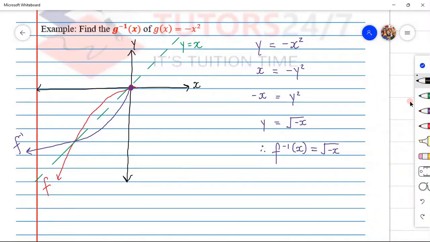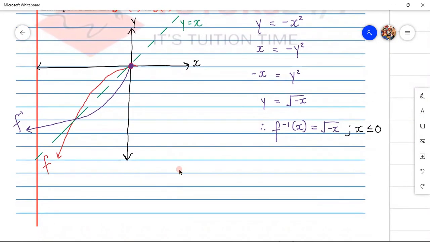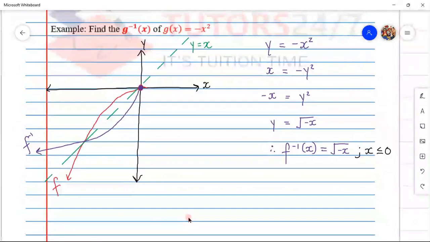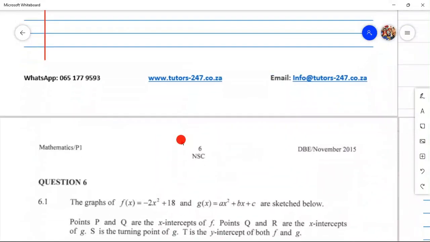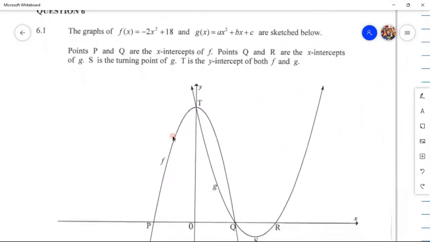Now, we've restricted our domain to x less than or equal to 0. That shows that we're using all the negative values of x and 0. So that concludes all of the theory that we are going to cover related to parabolic functions. Let's move on to some questions.